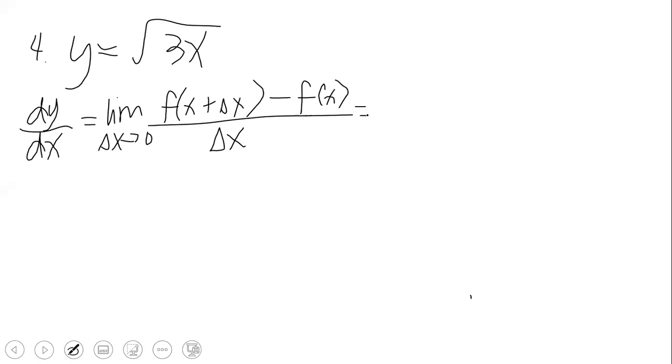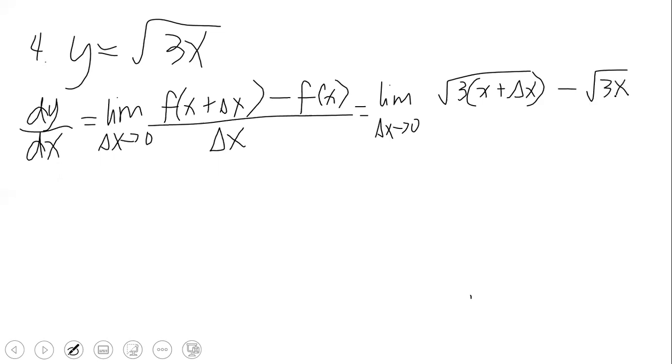So gawin natin, you have the limit, no? Limit delta x approaches 0. The original function, so y equal to square root of 3x. So the square root of 3 times the quantity x plus delta x minus yung original function, square root of 3x all over delta x.